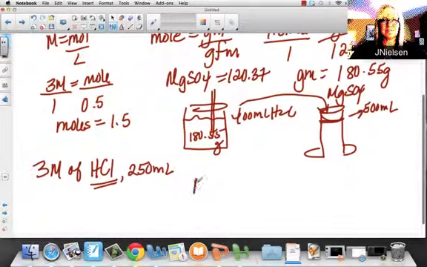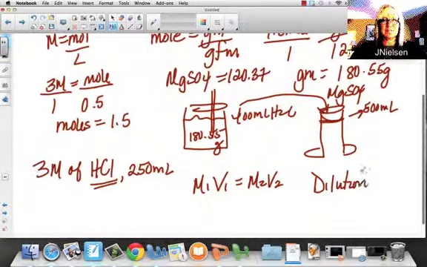Well, there's a slightly different formula called M1V1 equals M2V2. And this is referred to as a dilution formula. And it's not on your reference table, but you should know about it. It basically says if I know the molarity and volume of one, I can figure out anything about the other. So I know that I want a 3 molar solution and I need 250 milliliters of it for lab.